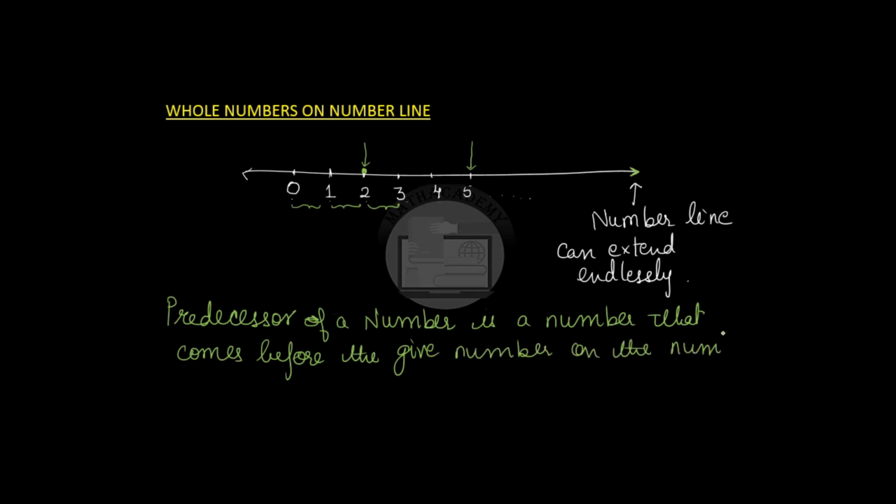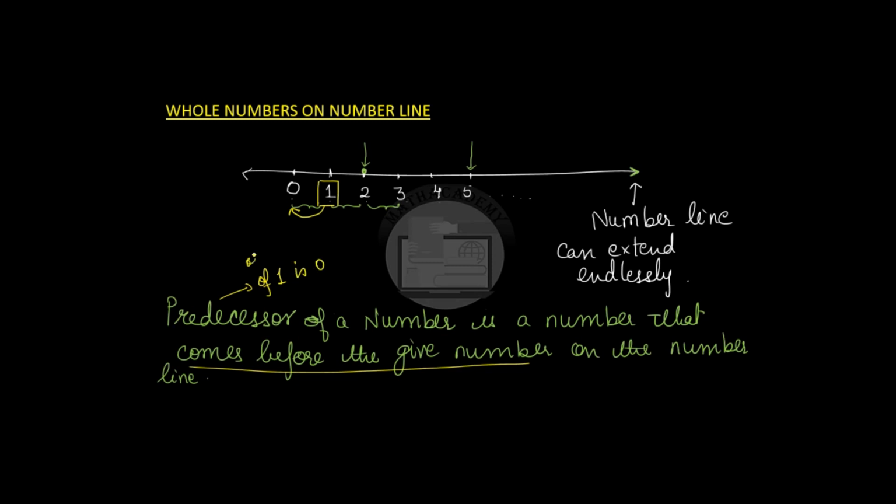Let's take the number 1. If we need to find the predecessor of the number 1, we said that predecessor is a number that comes before the given number on the number line. So the number that comes before 1 is 0 and hence the predecessor of 1 is 0.